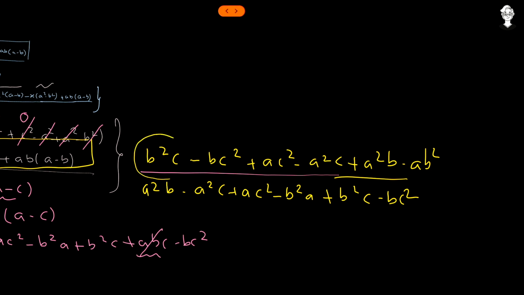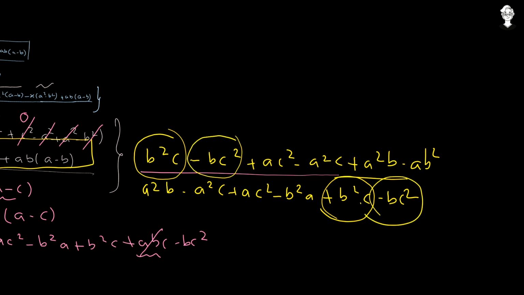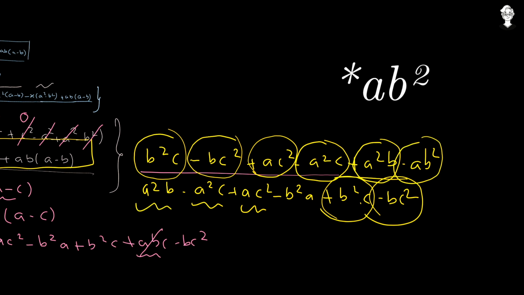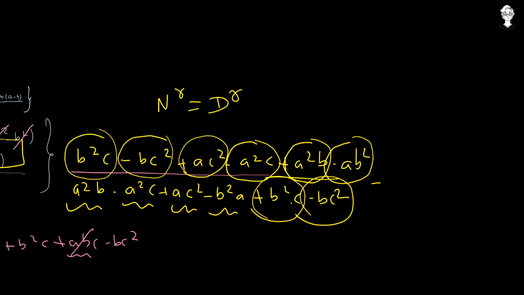So we can see that b²c, positive b²c, positive b²c. Negative bc², negative bc², positive ac², positive ac², negative a²c, negative a²c, positive a²b, positive a²b, negative ab², negative ab². The numerator part is exactly equal to the denominator part. This means that both of them can be perfectly cancelled out, giving us the final answer as equal to 1.